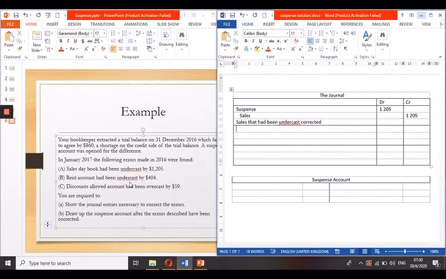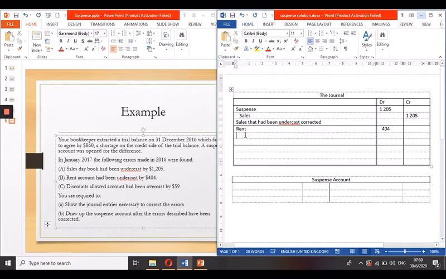Rent account had been undercast by $404. And rent is an expense. An expense has a debit balance. So if the rent had been undercast, it had been understated. So to correct this, we have to debit the expense account, that is the rent account, and credit suspense. Rent 404.